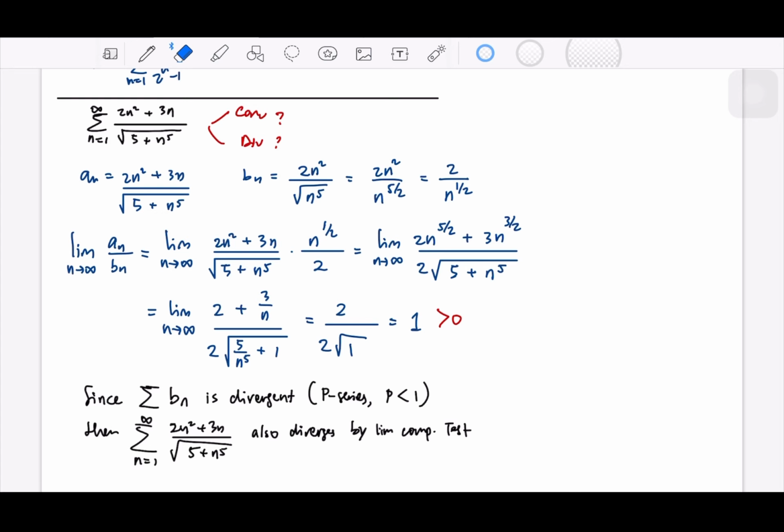But if they're slightly a little bit complicated, and you are not sure whether you can prove whether an is greater than bn or bn is greater than an, then just use the limit comparison. So as long as you get this positive number here, it should be okay. Should be fun.